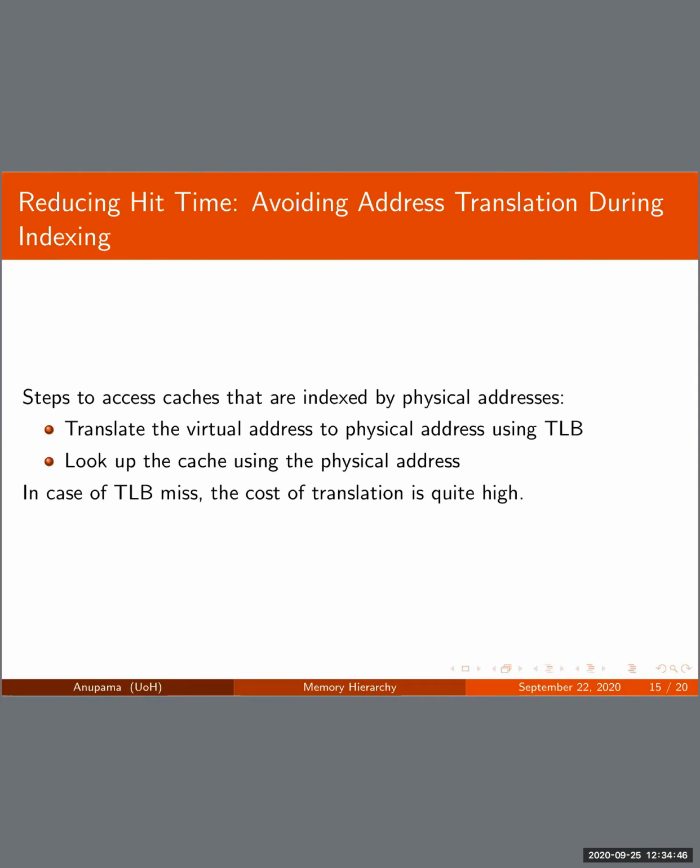If there is a TLB miss, then your cost is going to be very high, because you have to go to the main memory to look up the page table, then do the virtual address to physical address mapping, and then you put the physical address, and if there is a cache miss, then you go again to the main memory, fetch the block, then you do the read from the cache.